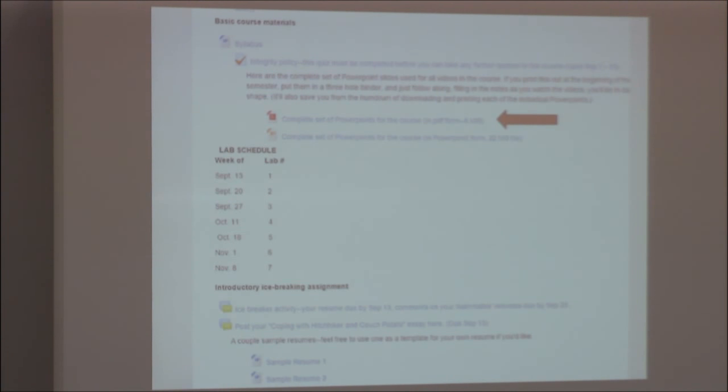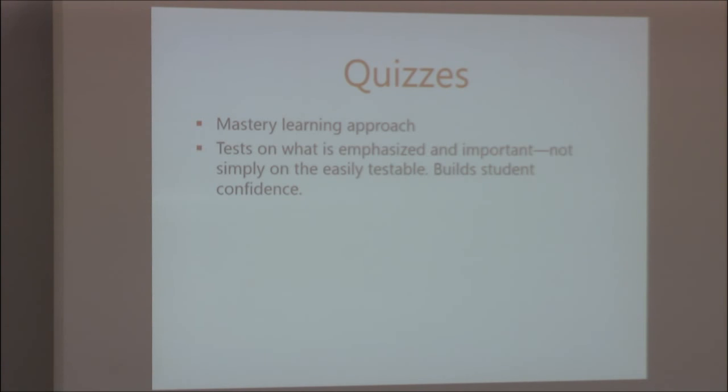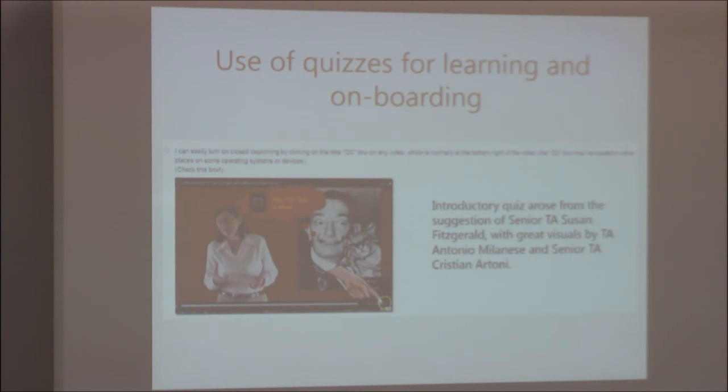I have PDFs as well as PowerPoints just in case they have trouble with one or another. So for quizzes, I try to have a mastery learning approach, so students get several chances, at least with the quizzes that are online. So test what's really important, not what's easily testable, and there's a big difference there.